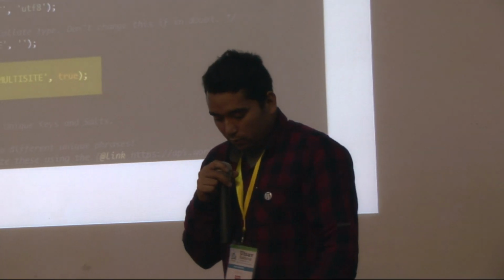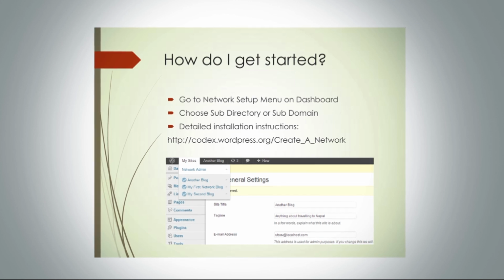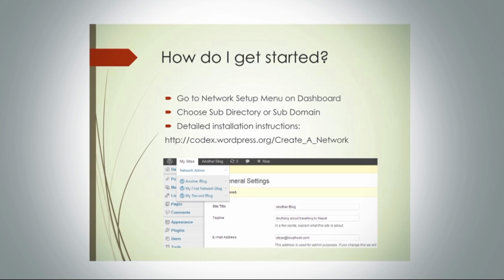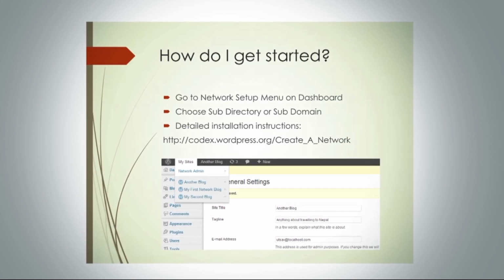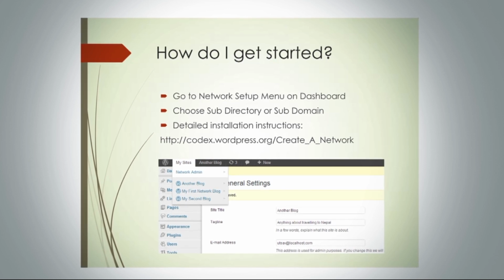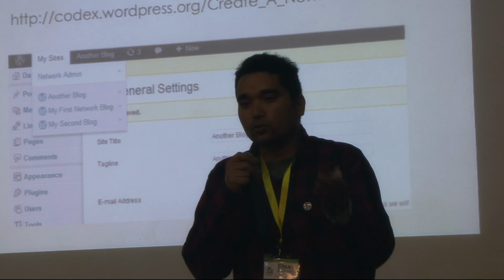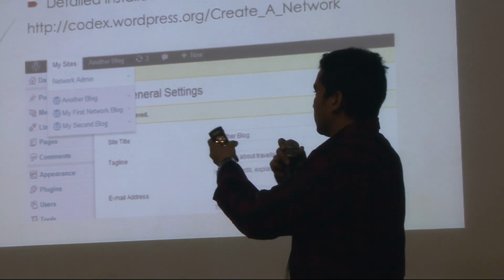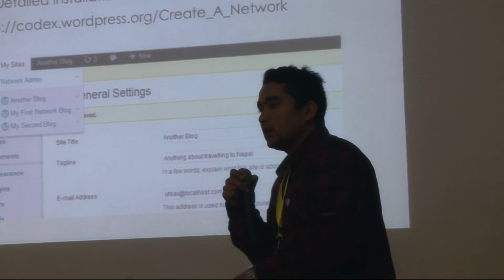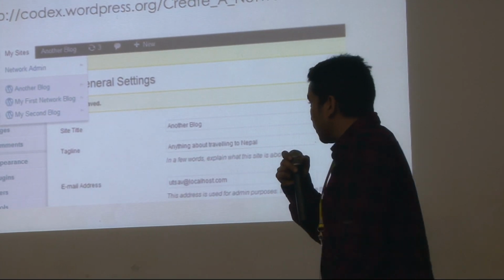Now what you need to do is go to the Network Setup menu on your dashboard. On your dashboard, you'll have a new menu that says Network Setup. You choose between subdirectories, where your sites are hosted at example.com/abc or example.com/xyz, or subdomains, where they are hosted at abc.example.com or xyz.example.com.